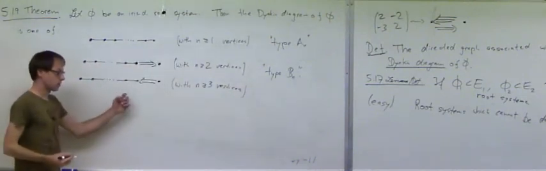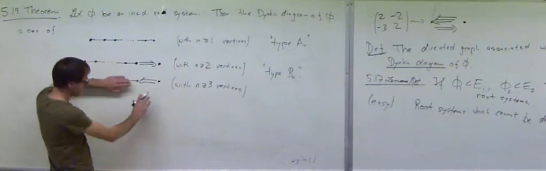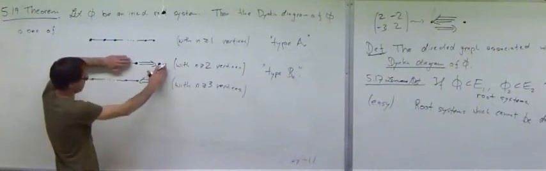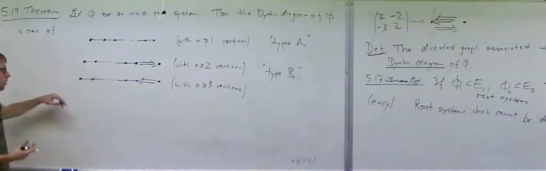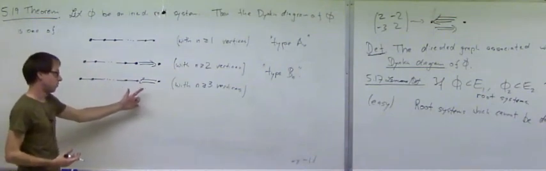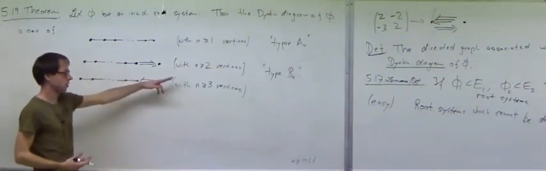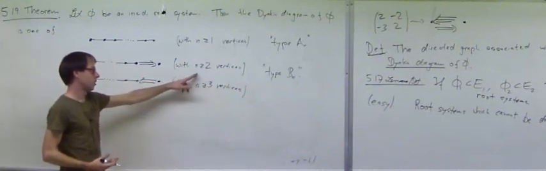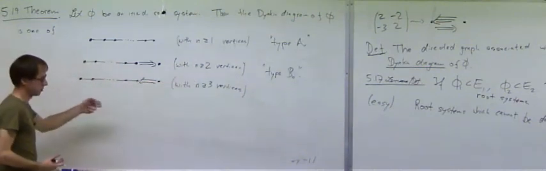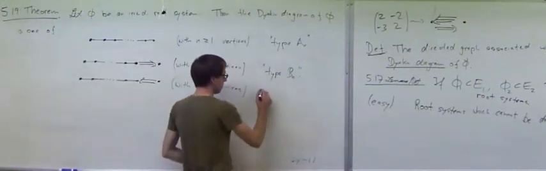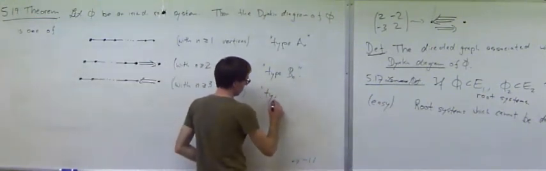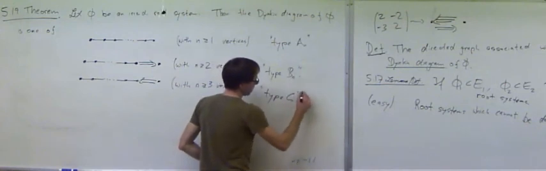So this would make sense with 2 vertices, of course, but then it would coincide with this case. So if we want a nice classification where every case only occurs once, then we have to disallow n equals 2 for one of these 2 cases, and the convention is to omit it here. So this is what's called of type Cn.